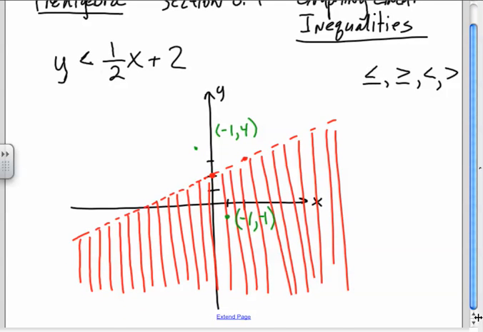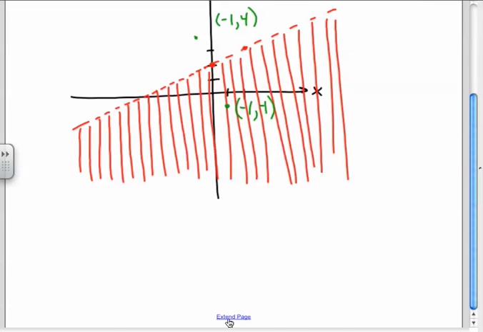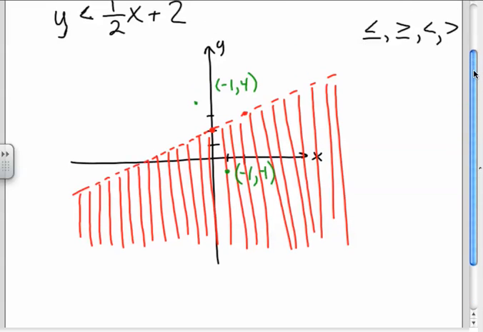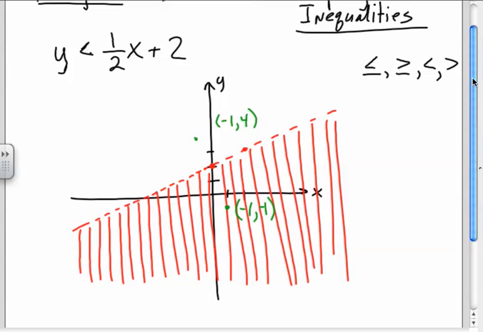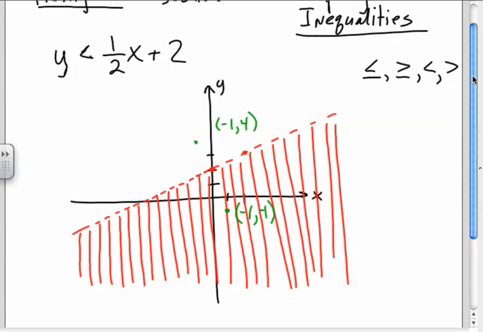Now, we don't have a lot of time to look at each one of these, but I'm going to take the point that's in the shaded area and plug it in. So y is less than 1/2 times -1 plus 2. I'm sorry, I should have at the beginning, since the y is -1, I need to put -1 over here.